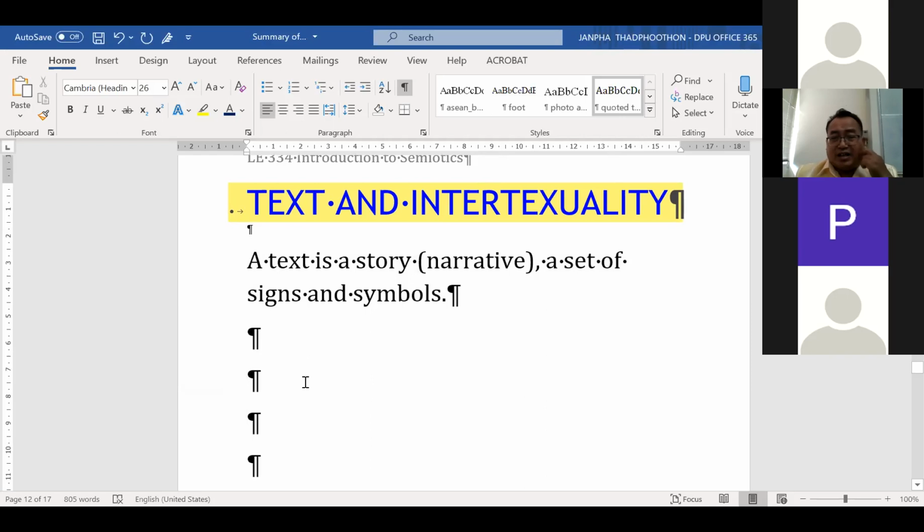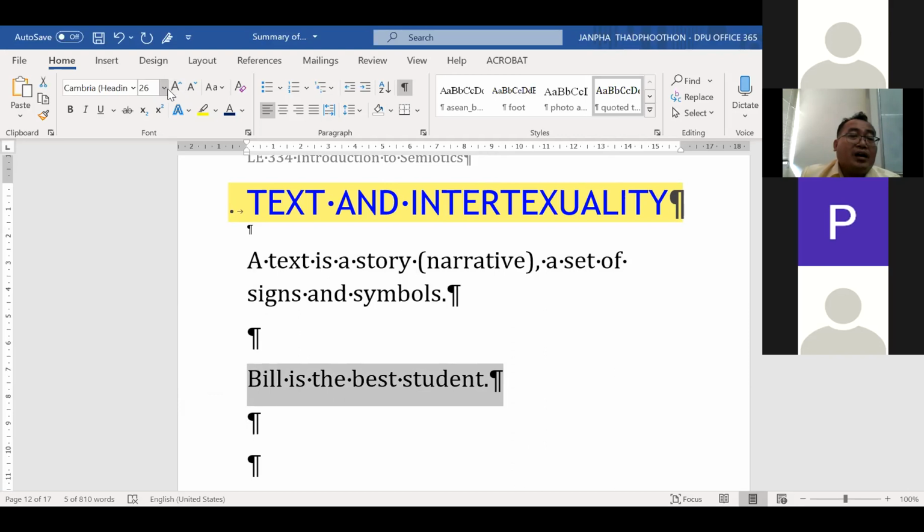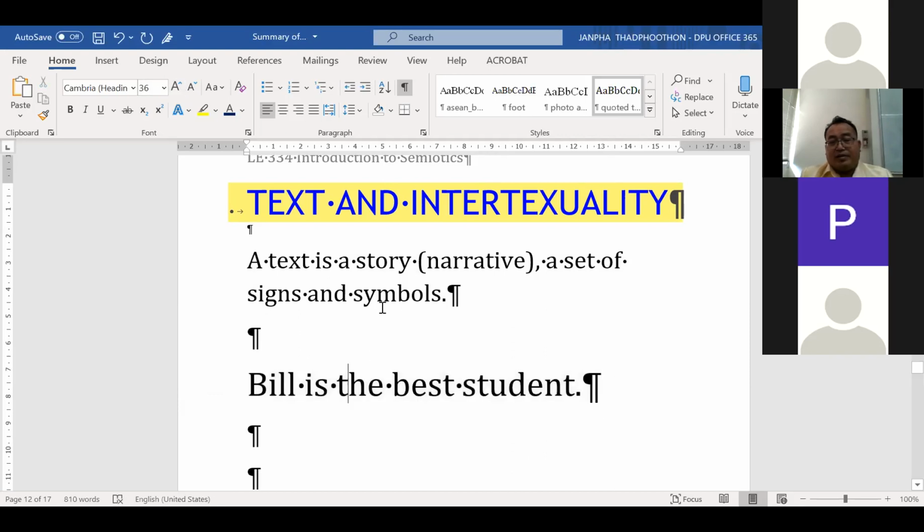For example, I would say a sentence like, Bill is the best student. This is the text, or a narrative. You can see it is a set of signs. Okay?